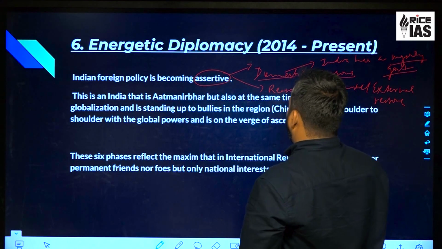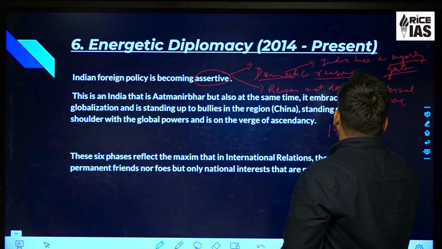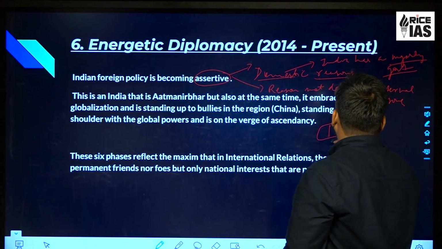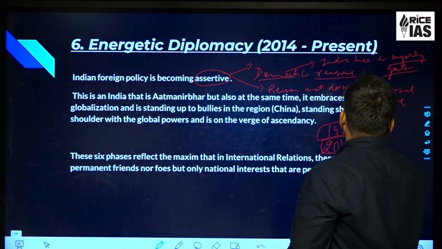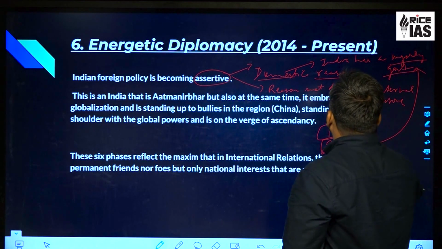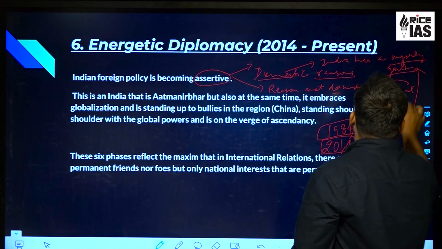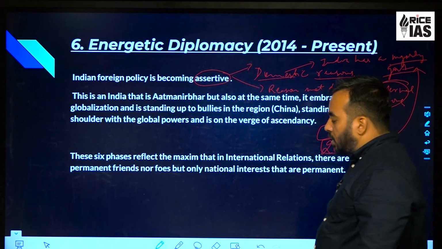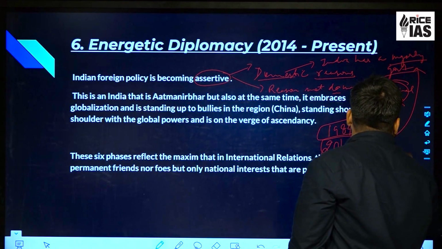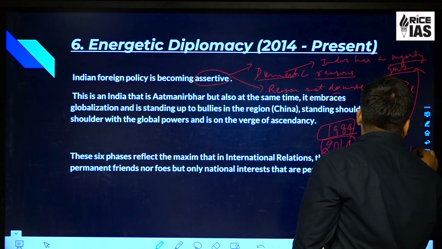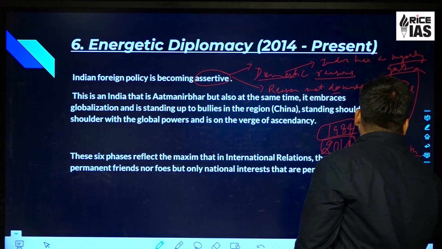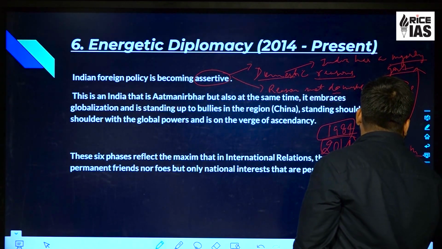Majority government in the sense that the last majority government was in 1984, and after that a majority government arrived in 2014. So this is a domestic reason. External reasons could be the growth rate which India has, and the reforms and the engagement which have started: liberalization, privatization and globalization.